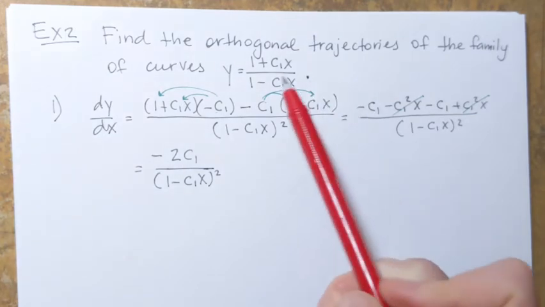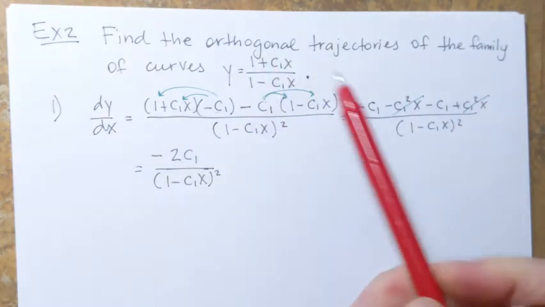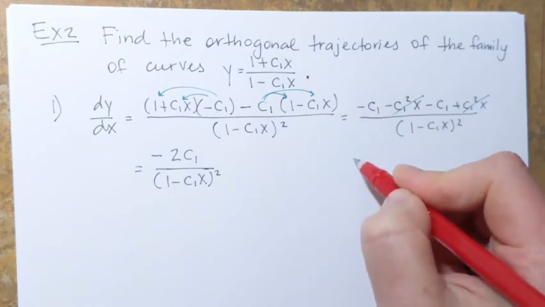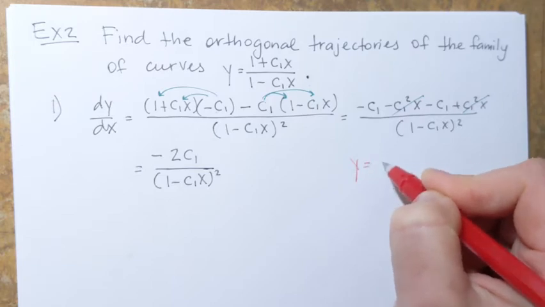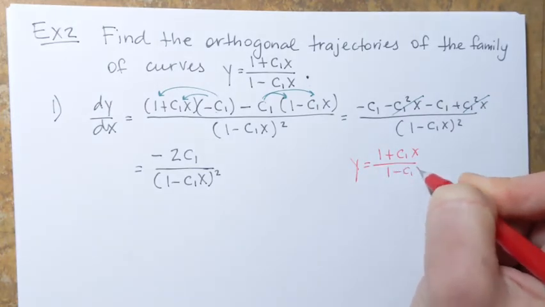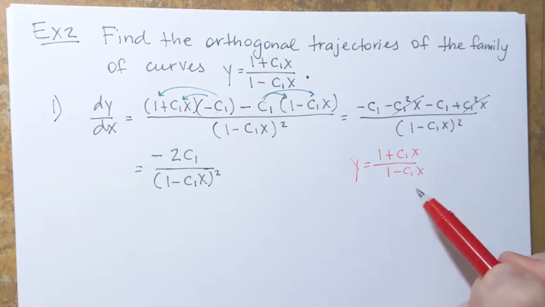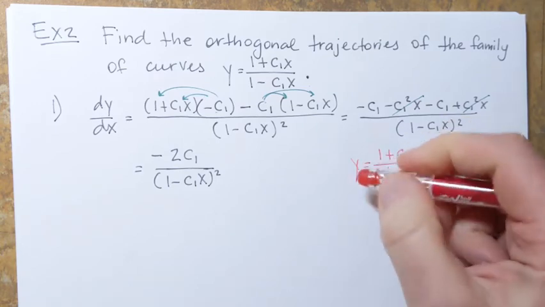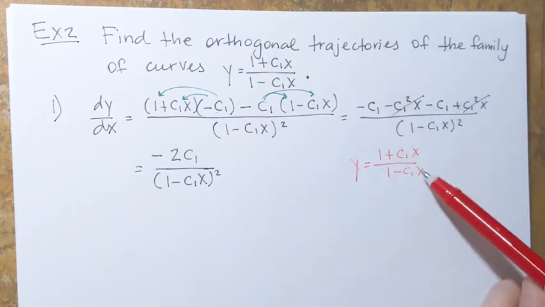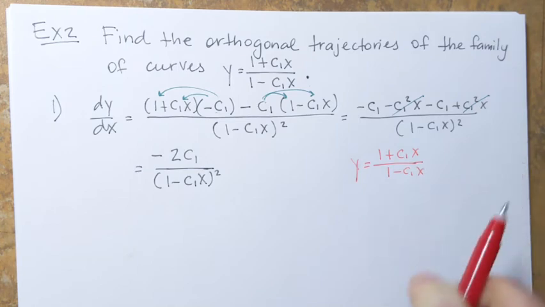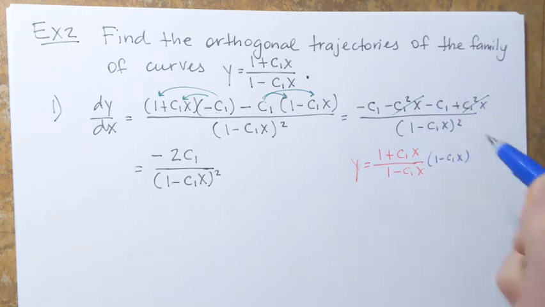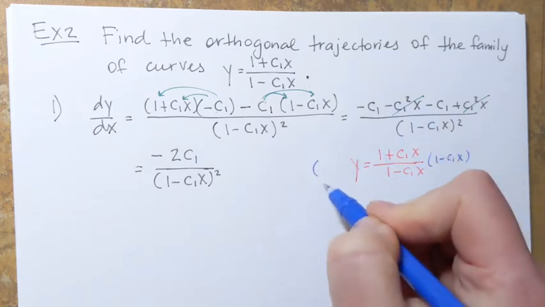I'm going to write down my original equation, let's put it here: y equals (1 plus c1x) over (1 minus c1x). From here I need to get c1 by itself. To do that, let's multiply both sides by the denominator, 1 minus c1x.